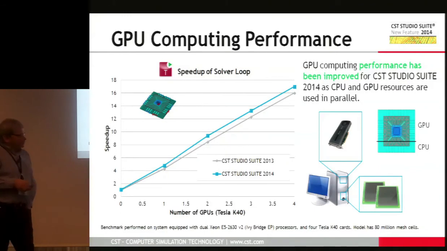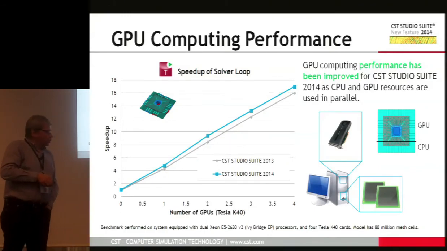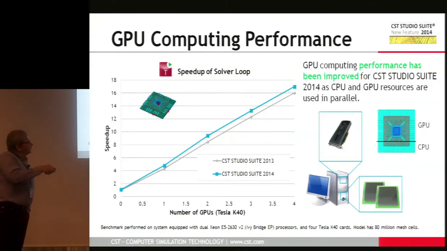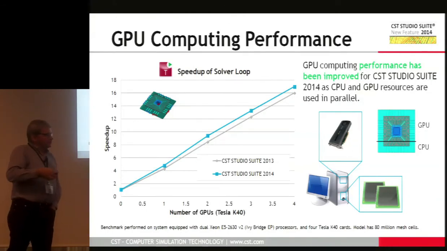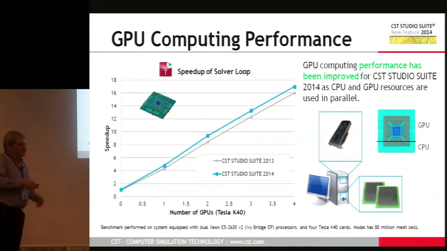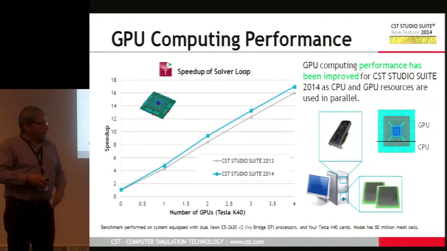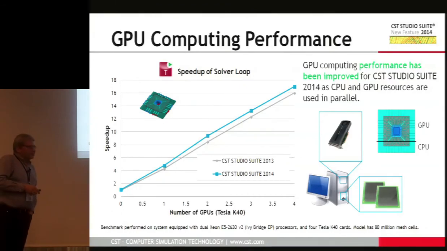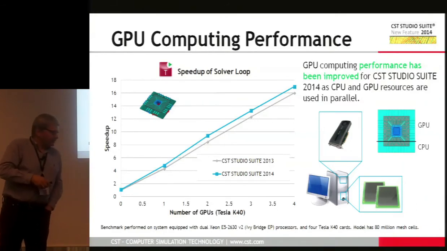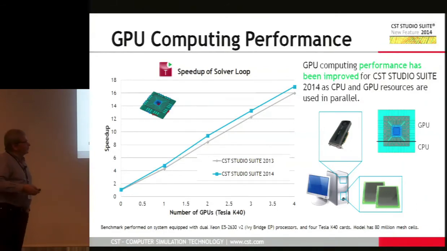Also, they improved the version 2014, and they now have a better load balancing between the CPU and the GPU. That's often also a problem which has to be solved, because if you perform all the computation on the GPU and the CPU is doing nothing, then it's not good.